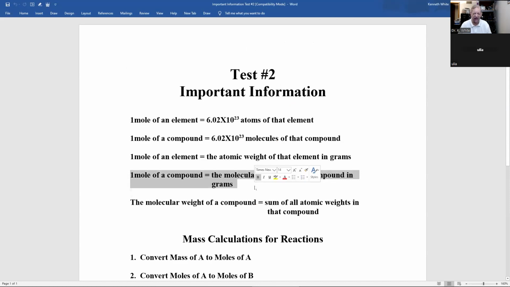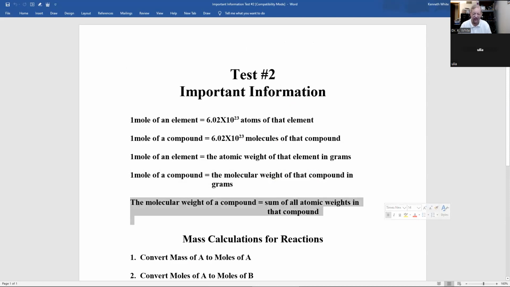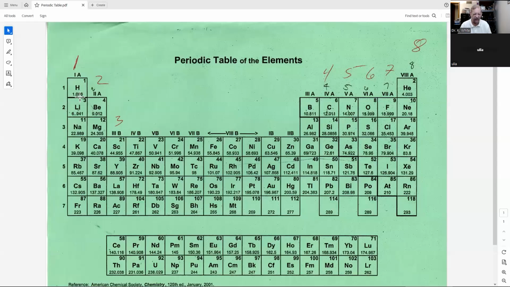1 mole of a compound equals the molecular weight of that compound, and the molecular weight is the sum of all atomic weights. And remember, you get the atomic weights from the periodic table, the number underneath, and remember, use it to 3 significant figures. So we need, for water, hydrogen 1.01, oxygen, to 3 significant figures, 16.0.